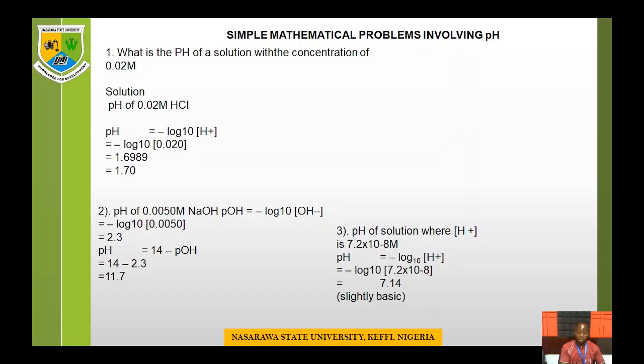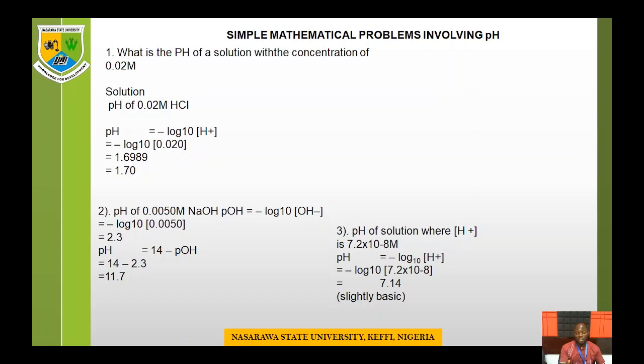That is going to give you 7.4. And 7.4 is away from the neutral pH of 7, on the right hand side. So that makes the solution slightly alkaline or slightly basic.